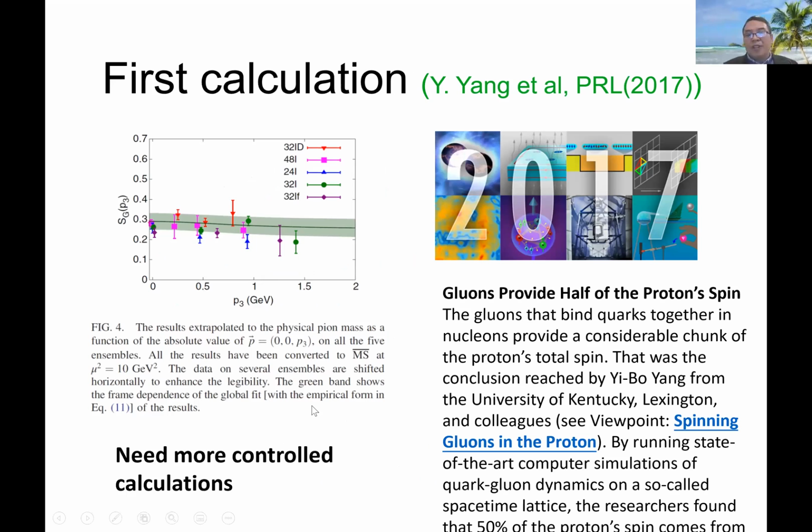In 2017, the chiral QCD collaboration took our approach, and they calculated for the first time the Gluon polarization inside of the proton. This was selected as one of the 7 or 8 highlights of the year in 2017.